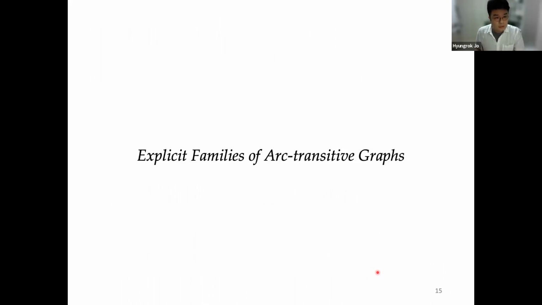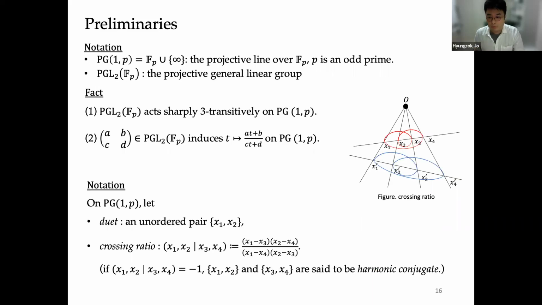And we give explicit families of arc-transitive graphs. We give some notation: PG1P is the projective line over a finite field with infinity, and PGL is the projective general linear group. We know PGL acts sharply transitively on the projective line. Thus, we can see there is a linear fractional transformation between PGL and the projective line.